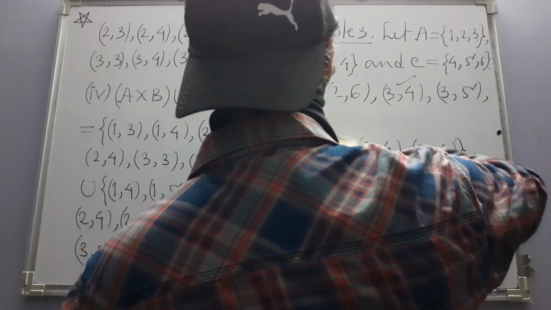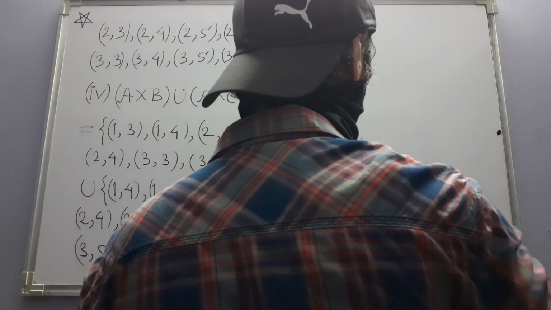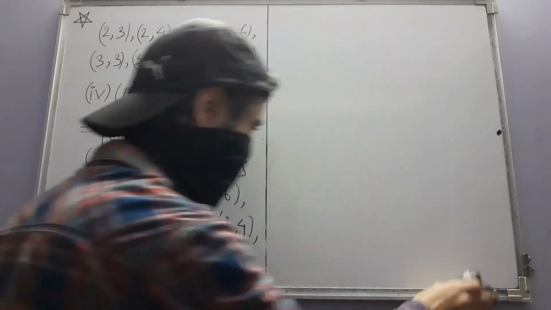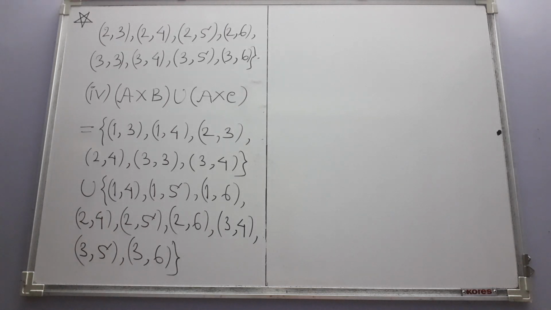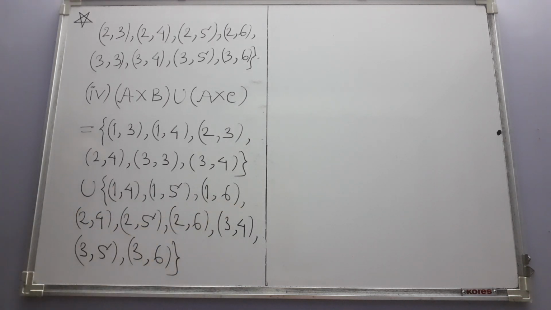So be patient, we will just write all the elements of A times B and A times C, keeping in mind that we should not repeat any common element. So let us first simply write all the elements of A times C, because anyway we have to write them.